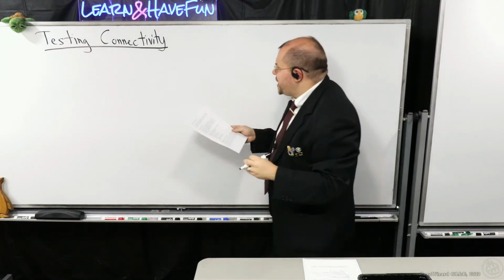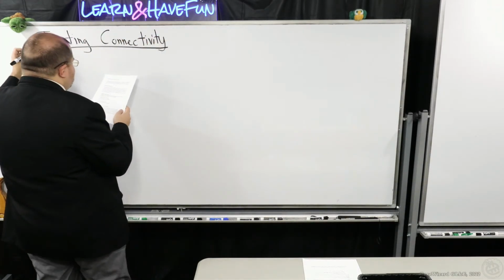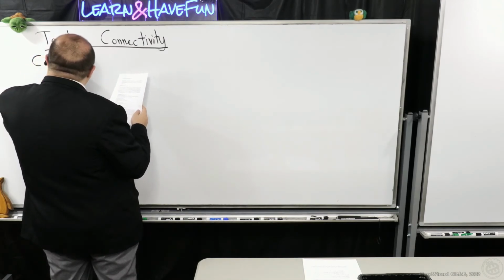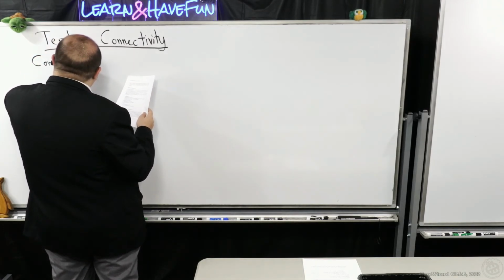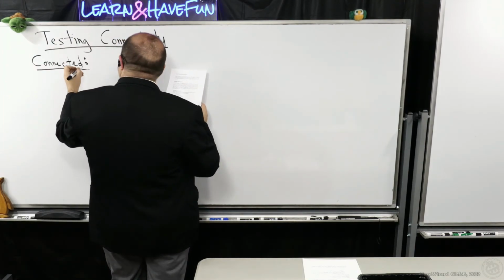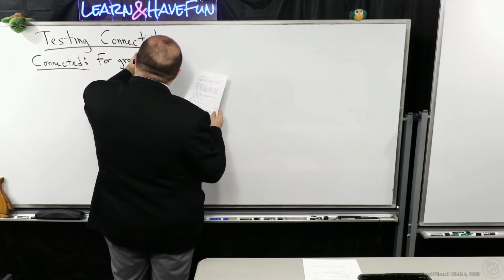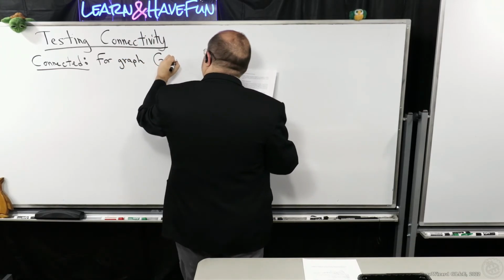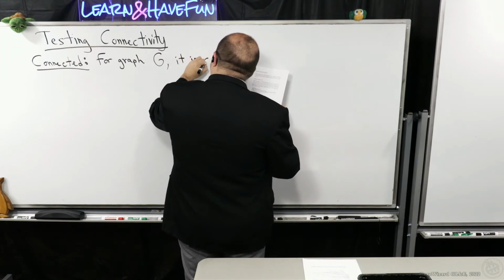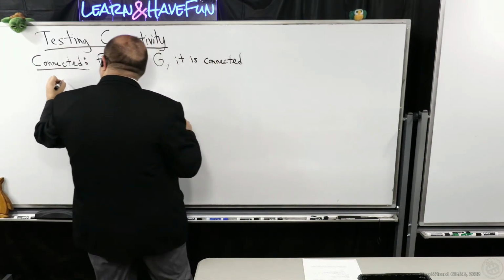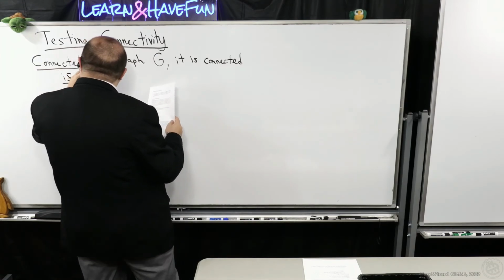I want to remind you of a couple of quick terminology things. What does it mean for a graph to be connected? For a graph G, it is connected if the following is true.